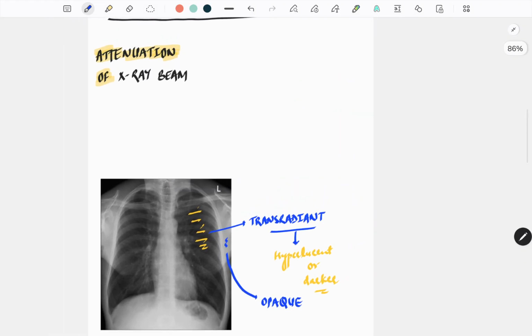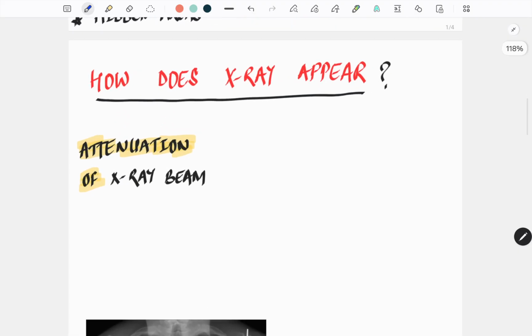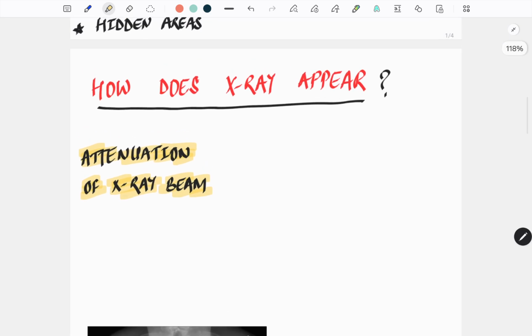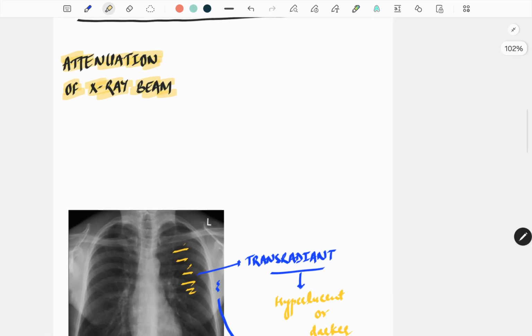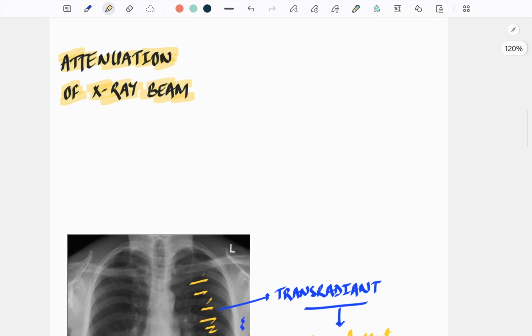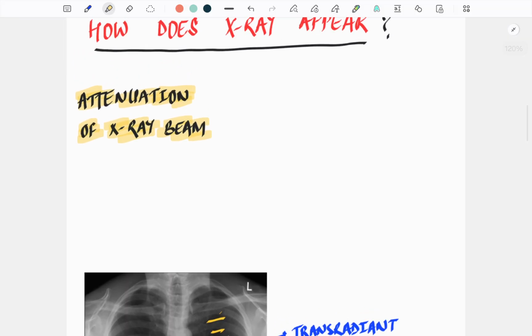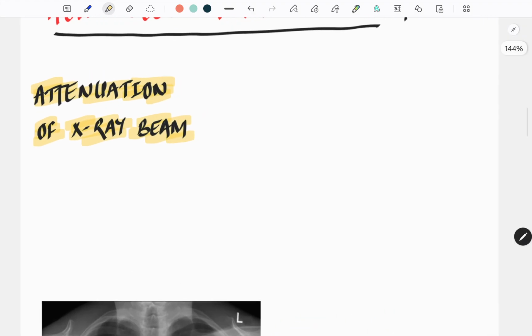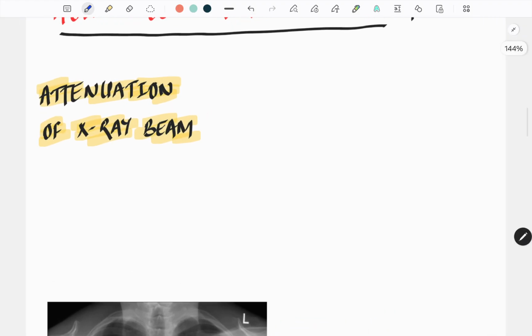Now why so? We'll utilize this x-ray principle here, attenuation of the x-ray beam. How an x-ray appears depends upon the attenuation of the x-ray beam. Attenuation of the x-ray beam will depend on what?